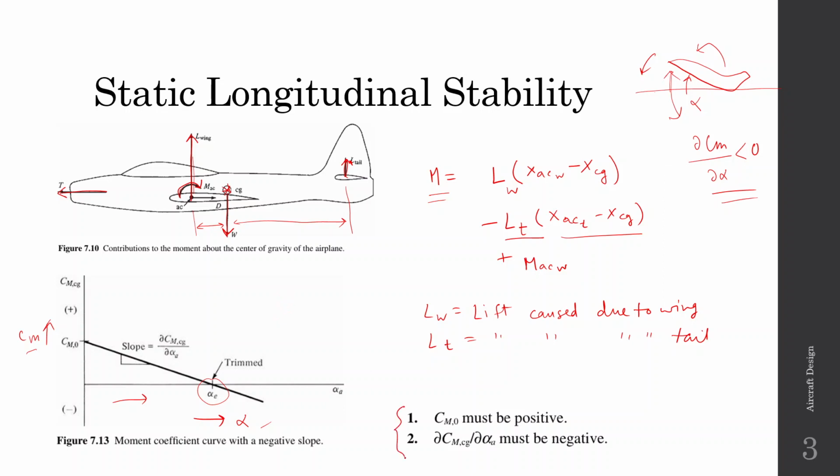So these are the necessary conditions, that Cm naught must be positive and dCm by d alpha must be negative. Cm naught greater than 0. So this is Cm naught. So here you can see it's positive.